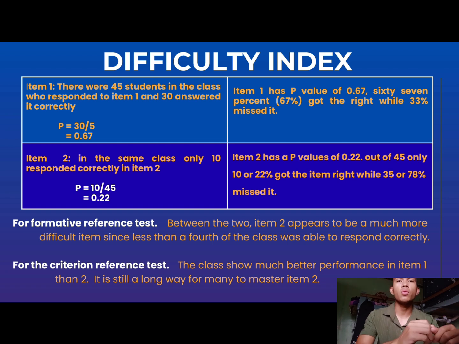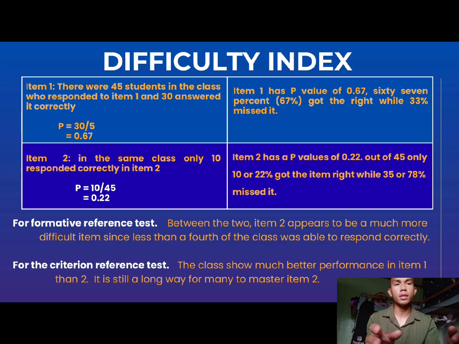For item 2, out of the same 45 students, only 10 answered correctly. So P equals 10 over 45 equals 0.22, which means only 22% got it right, while 78% missed it. In norm reference tests, we can see that item 2 is more difficult since less than 1/4 of the class was able to answer it correctly.